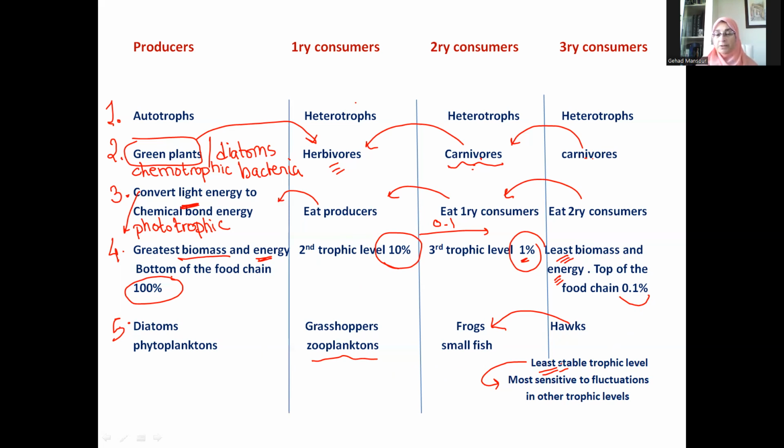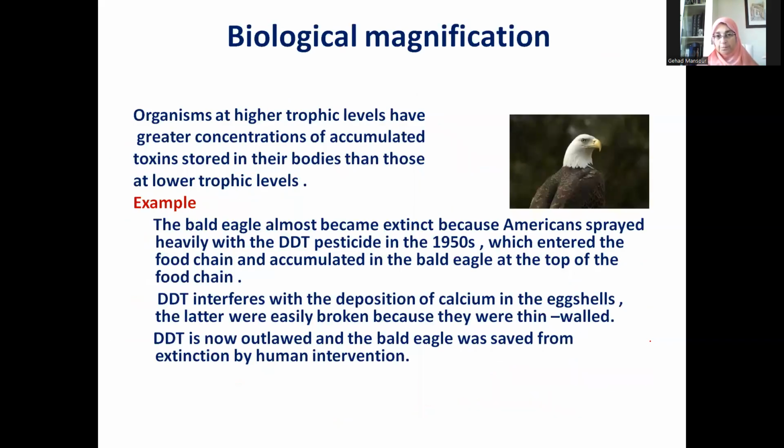It is the least stable because any change that occurs will be magnified. If you add a toxic substance here, this toxic substance will be concentrated. If there is drought and a diminution in the biomass of the previous trophic levels, the top trophic level will be the most affected, and the organisms at the top of the pyramid might perish because of lack of nutrition.